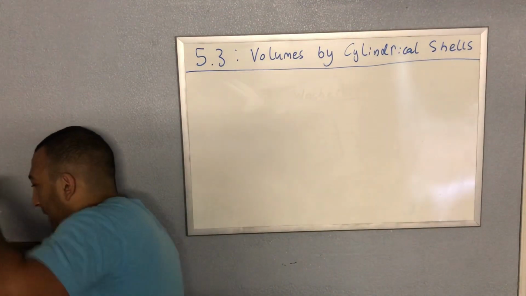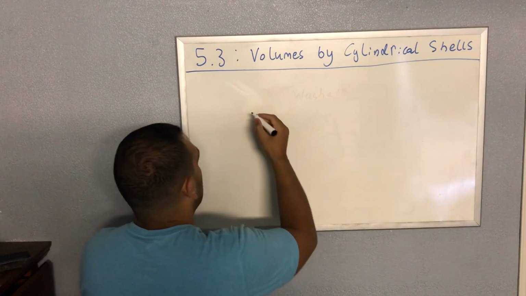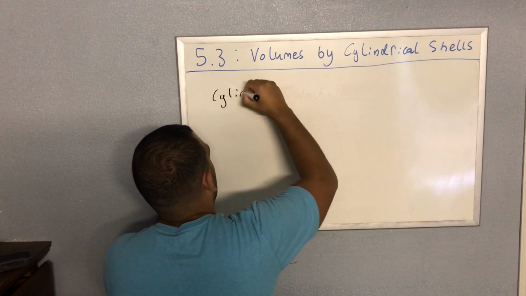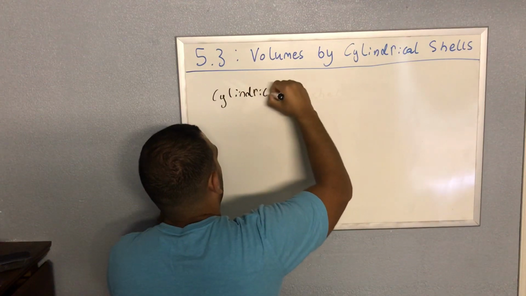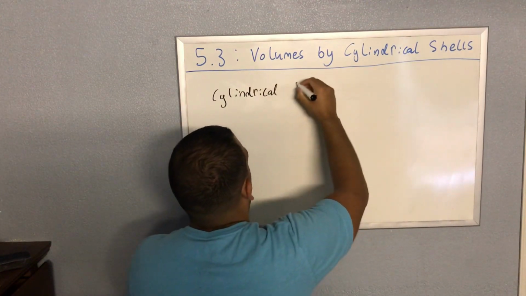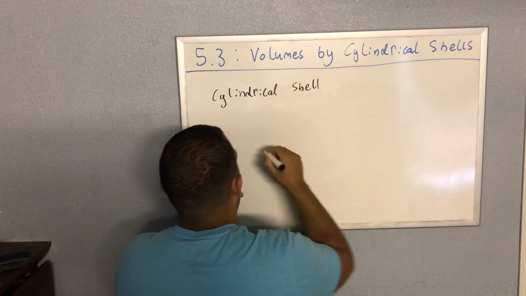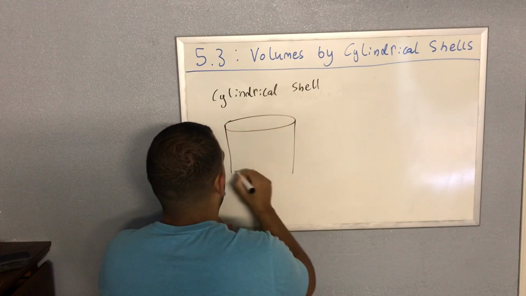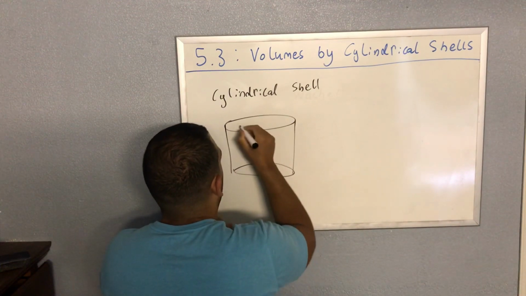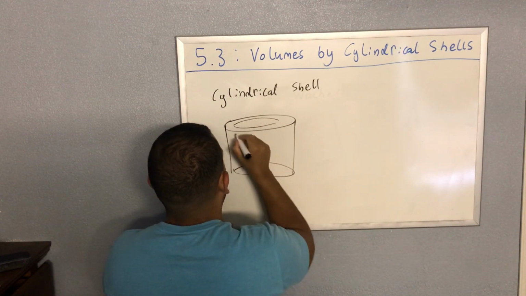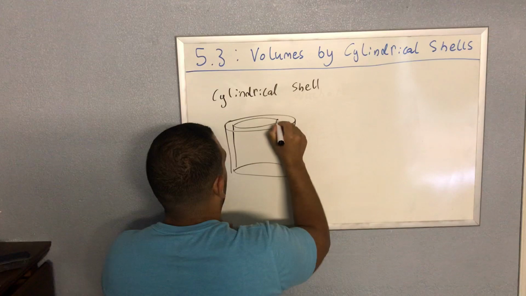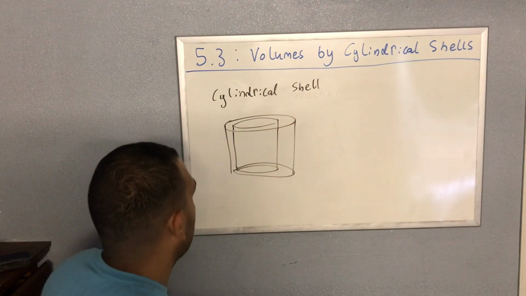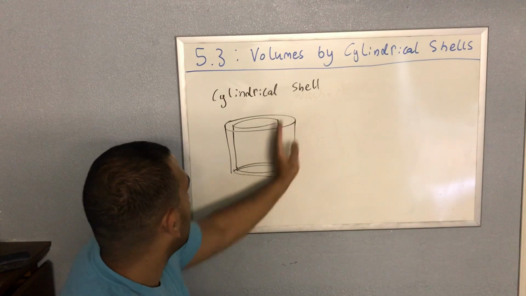So the general picture for the cylindrical shell is this guy here. So we have a cylinder, and then the shell of it. We're just looking at this outside part.